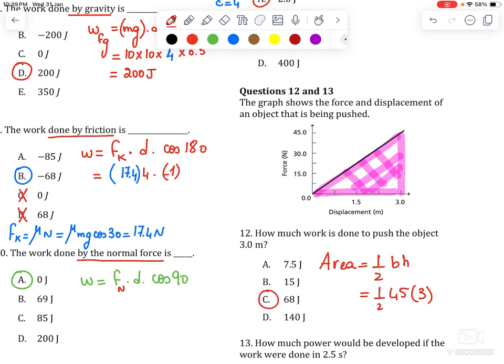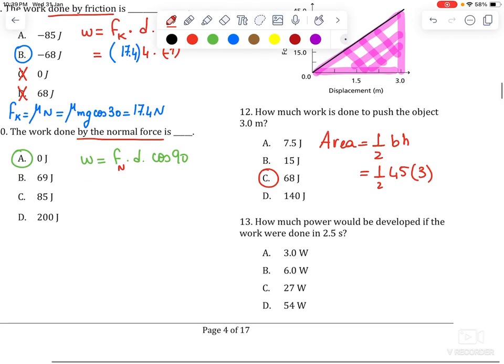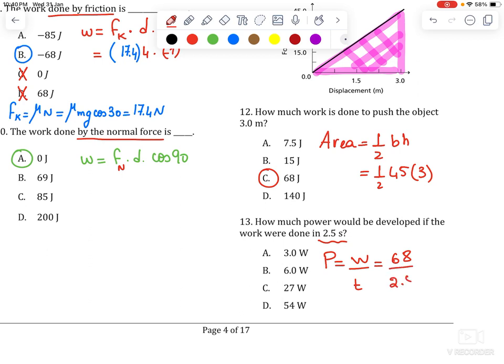The answer is 68. How much power will be developed if the work here is done in 2.5 seconds, given the work over the time? So 68 divided by 2.5 will give me 27 watt.